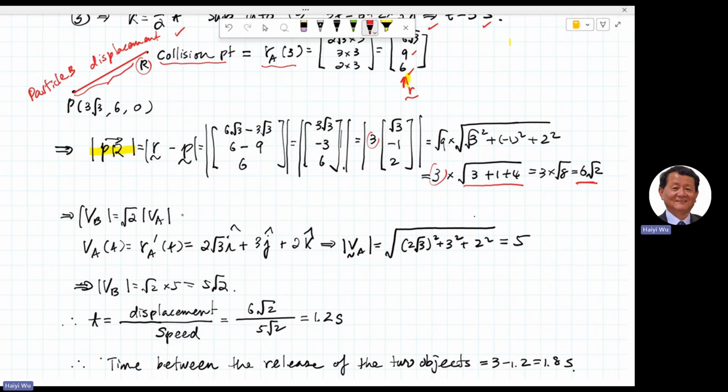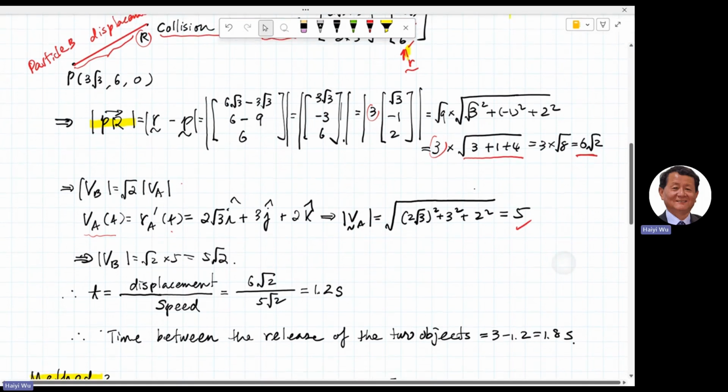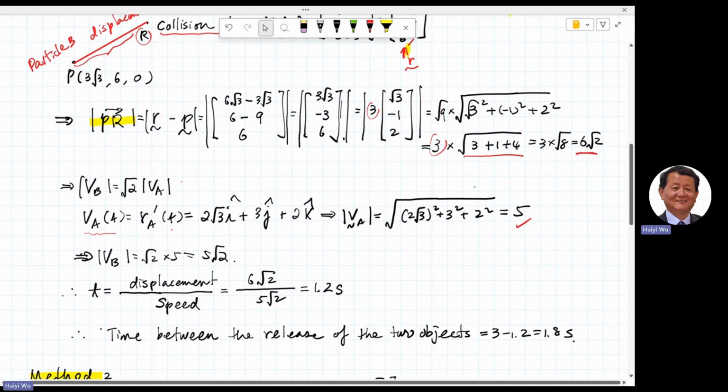We know from the condition that the magnitude of velocity B, which is speed, equals square root 2 times the speed of A. So let's find the velocity of A. We use differentiation. The magnitude is the square root of a squared plus b squared plus c squared, and that equals 5.